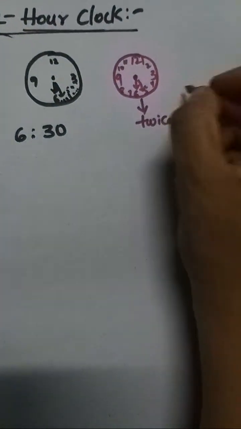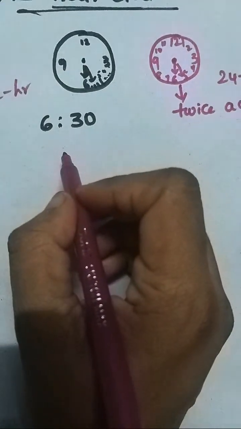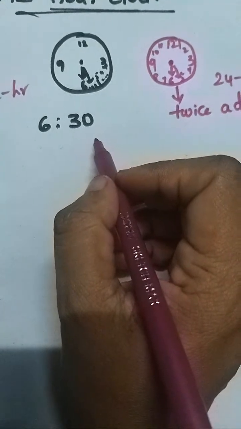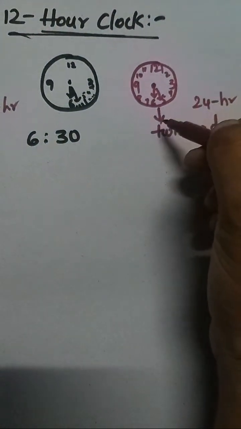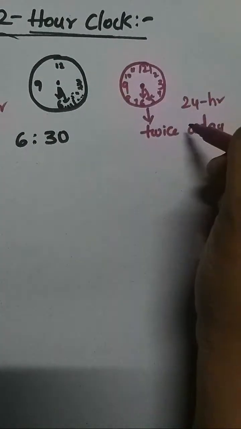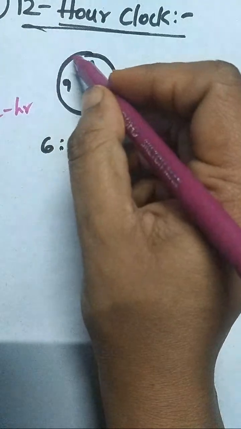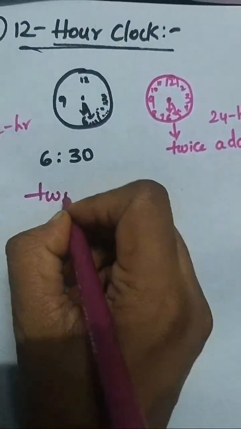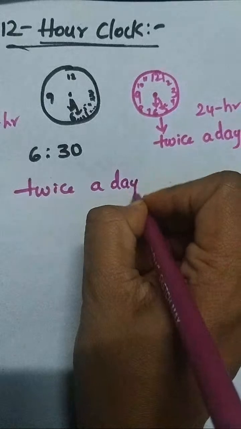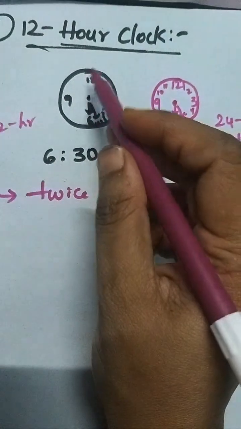This is 6:30 in the morning, and in the second case it is in the evening. There are 12 hours in between. A day consists of 12 and it repeats again, twice a day. The pointer rotates 12 two times.